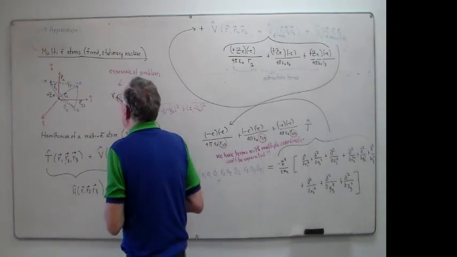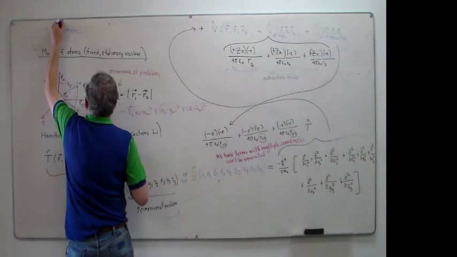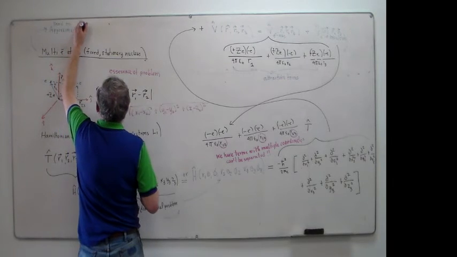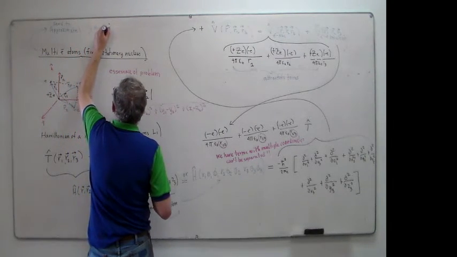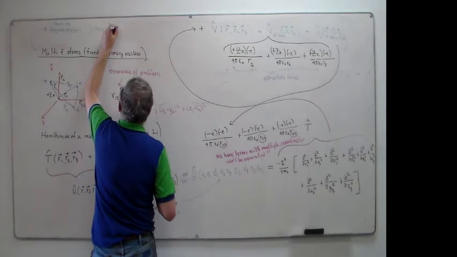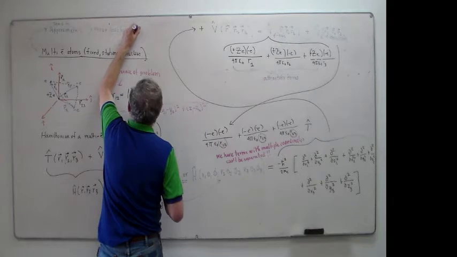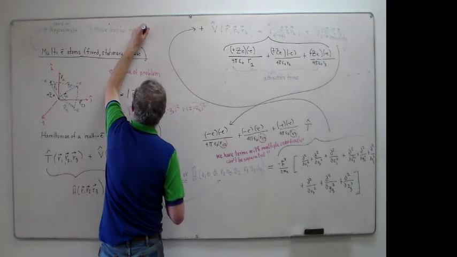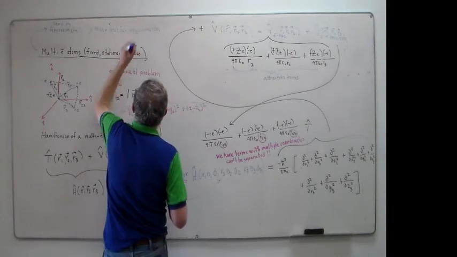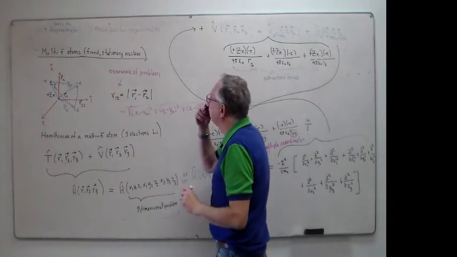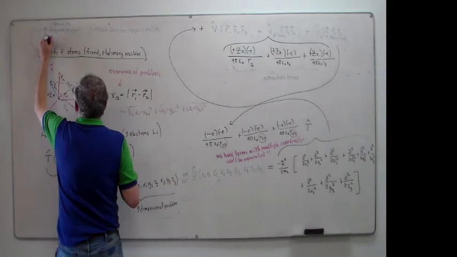There's no way out. We need to approximate. The most fruitful approximation, and one that you have been taught since high school chemistry, is the orbital approximation.